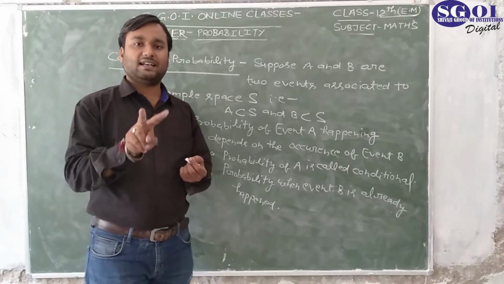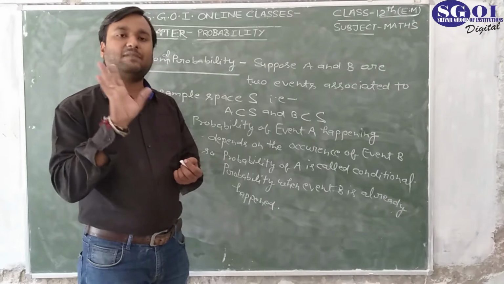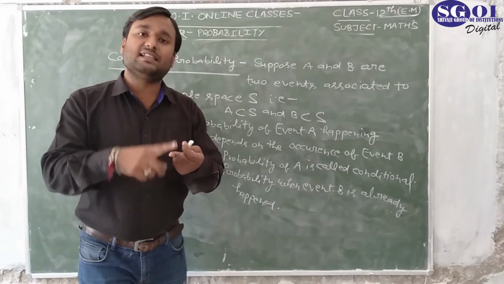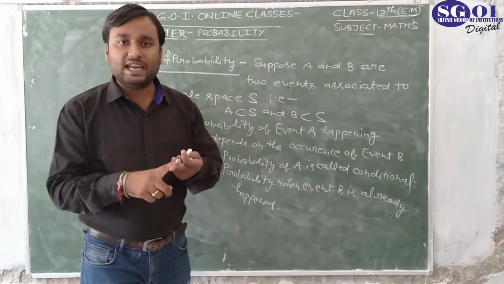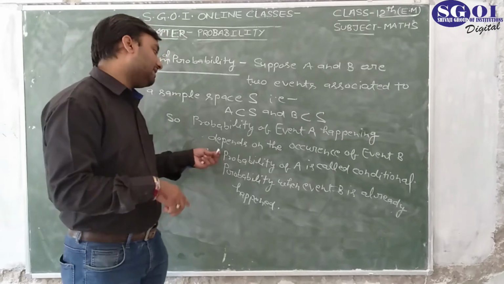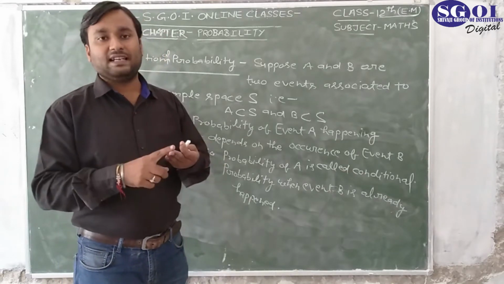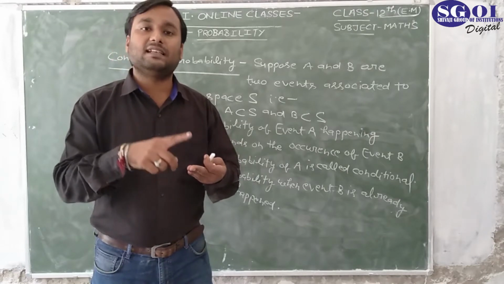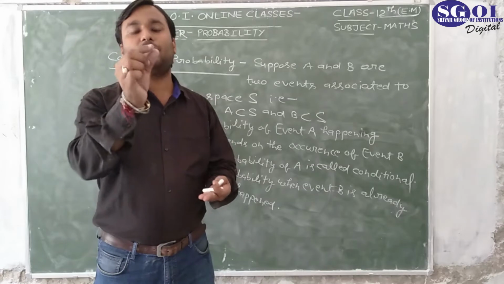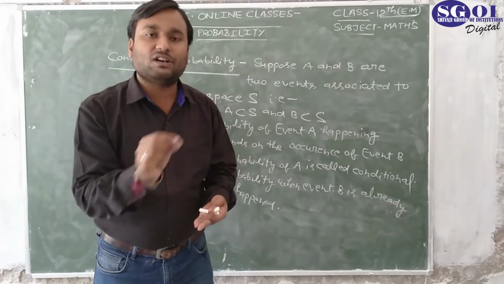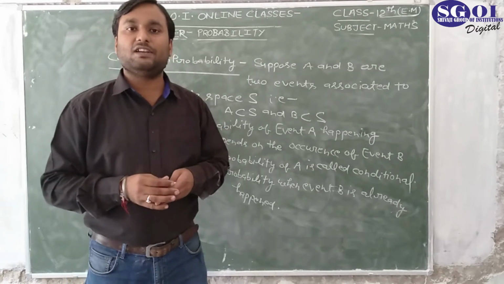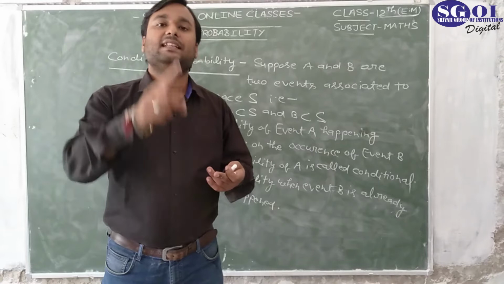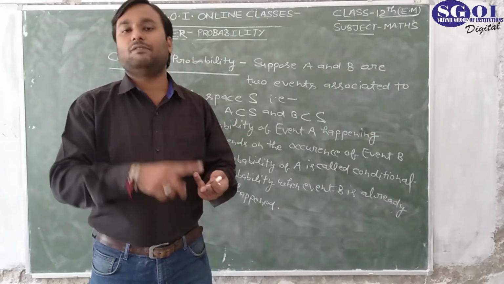Suppose two events are associated with a sample space S. The names of those events are capital A and capital B. So probability of A when event B has happened is called conditional probability of A. And when probability of B is to be found when event A has happened, then it is the conditional probability of B. I mean to say that if probability of A depends on the occurrence of event B, then it is called conditional probability of A, and if probability of B depends on the occurrence of event A, then it is called conditional probability of B.